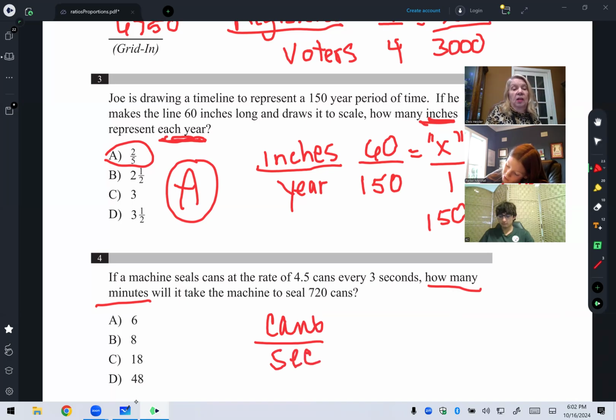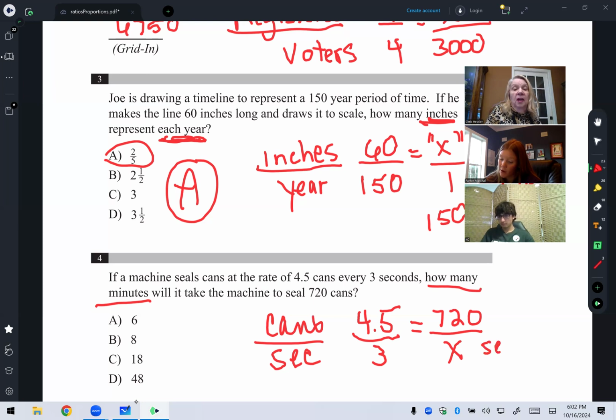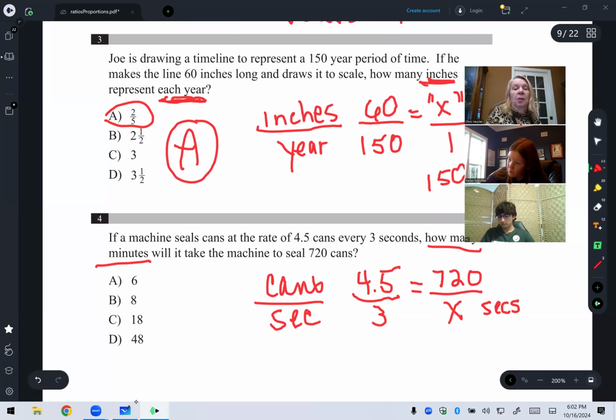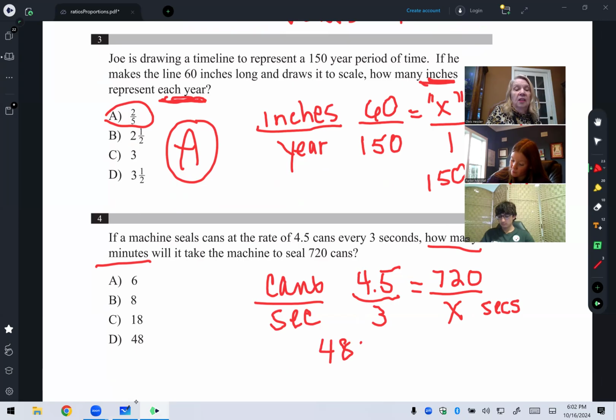So this machine can do 4.5 cans every 3 seconds. So we want to get through 720 cans. But remember, our answer is going to be in seconds. So when I cross multiply that, I get 480 seconds.